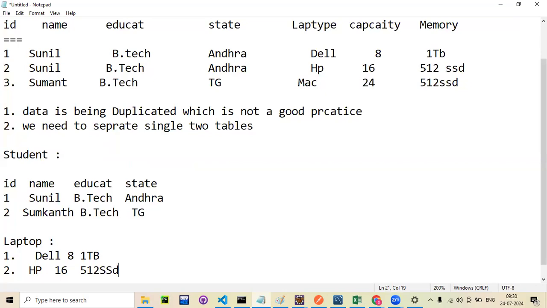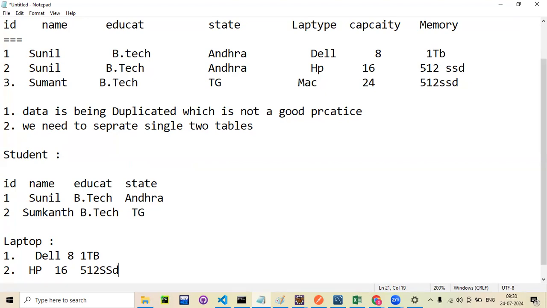See, earlier that was a single table, right? But you have now separated it into two tables, am I correct? Now the problem is, if I want to know which laptop the student Sunil is using, how can I come to know if I separated the two tables?